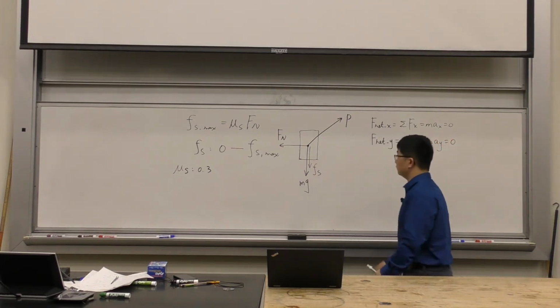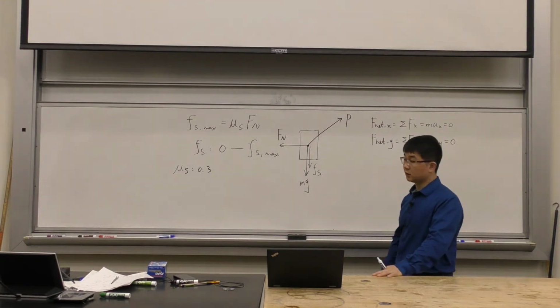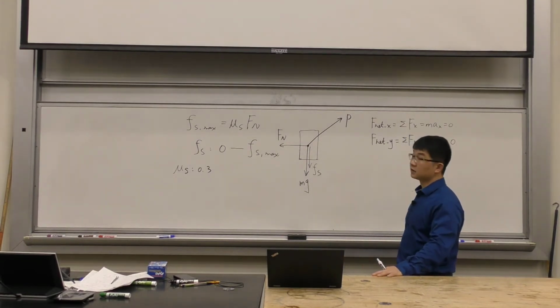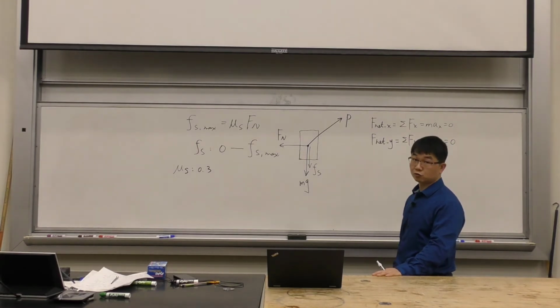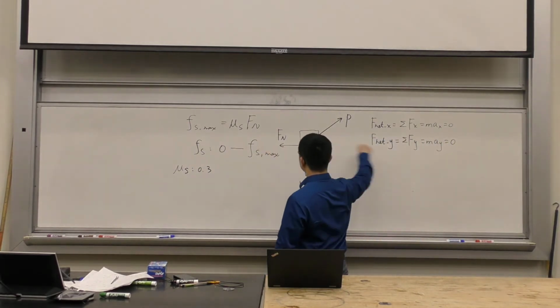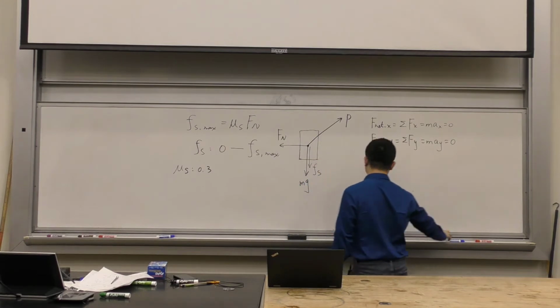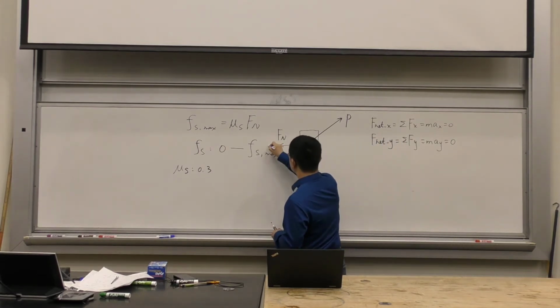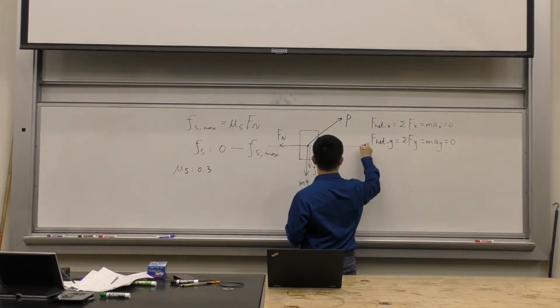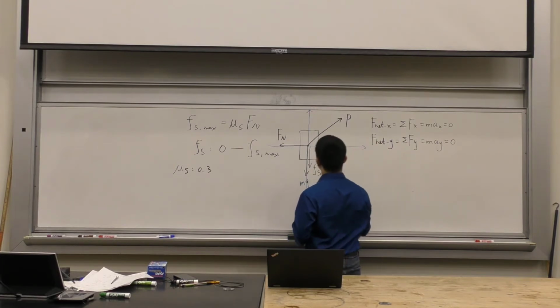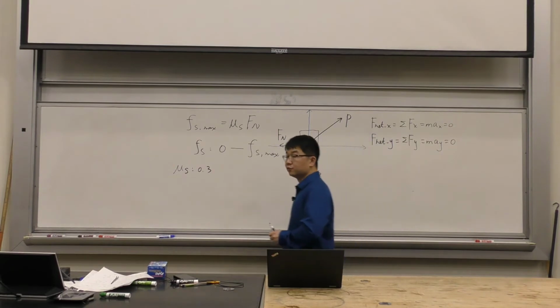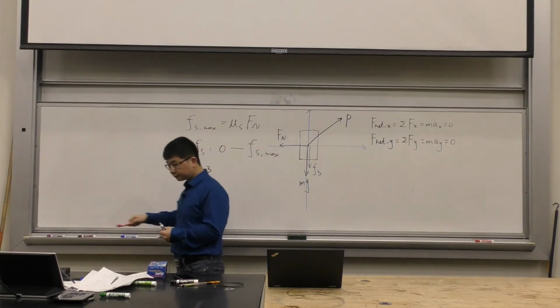So I'm going to set up my x and y coordinates and then break things into x and y. Obviously the best coordinate system here is just the normal x and y we have been using, because I can just call horizontal x and vertical y. In this case I would have 3 of the forces on my x and y axes. So the only force I need to break is the P force. Okay, so let's do that.